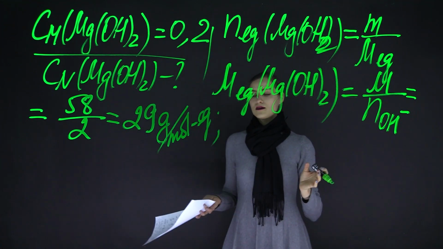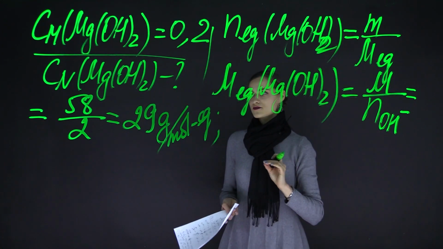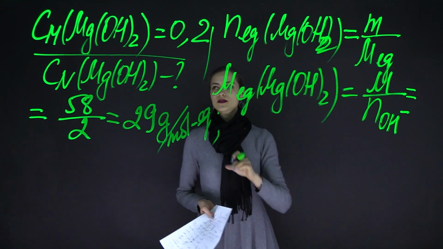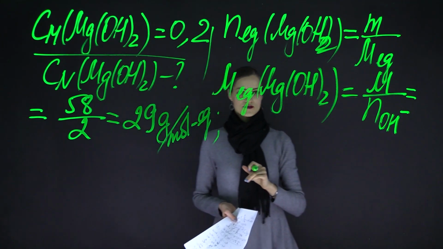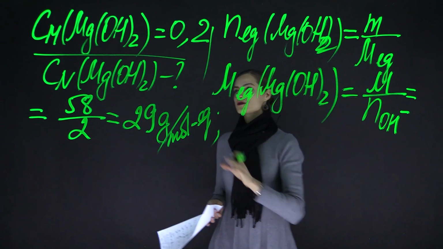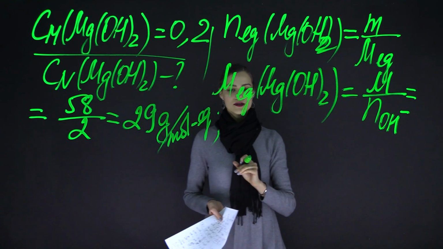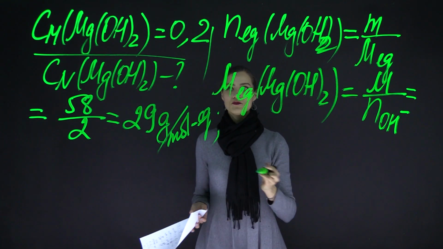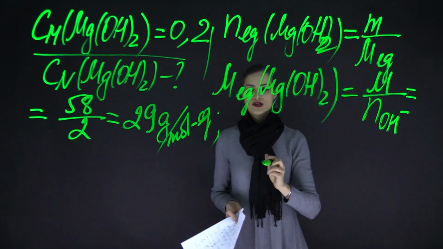Okay, where do we get the mass in this situation? Mass we can calculate from the molar concentration. As I already said, molar concentration is the number of moles of pure substance in 1 liter of solution, so we can say that we have 0.2 moles.